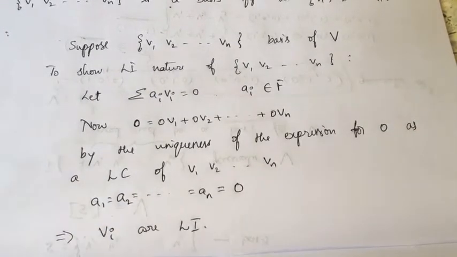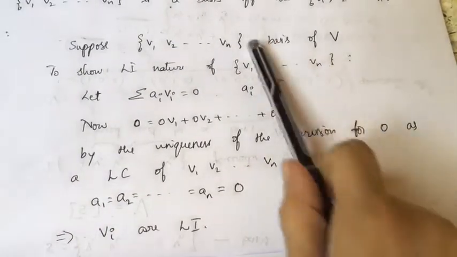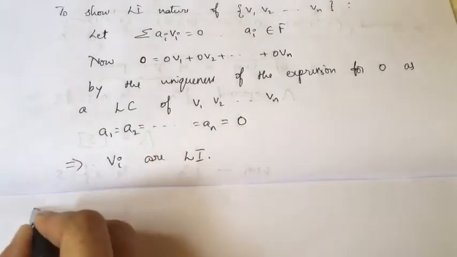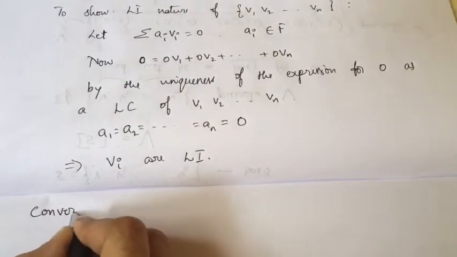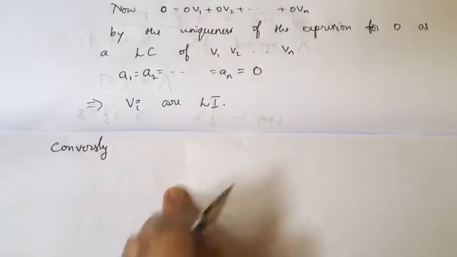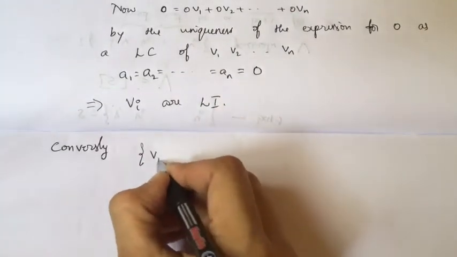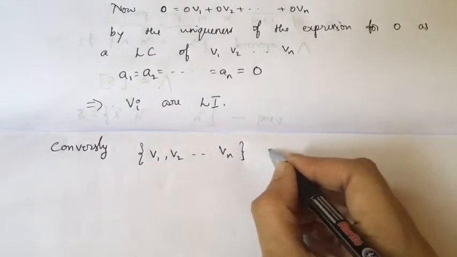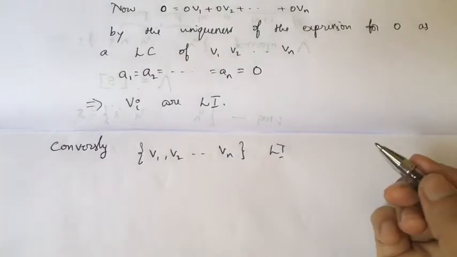First part is over. I have taken these vectors to form a basis, and I have shown they are linearly independent. The second part is the converse part. I am taking these vectors v1, v2, ..., vn as a linearly independent set of vectors.